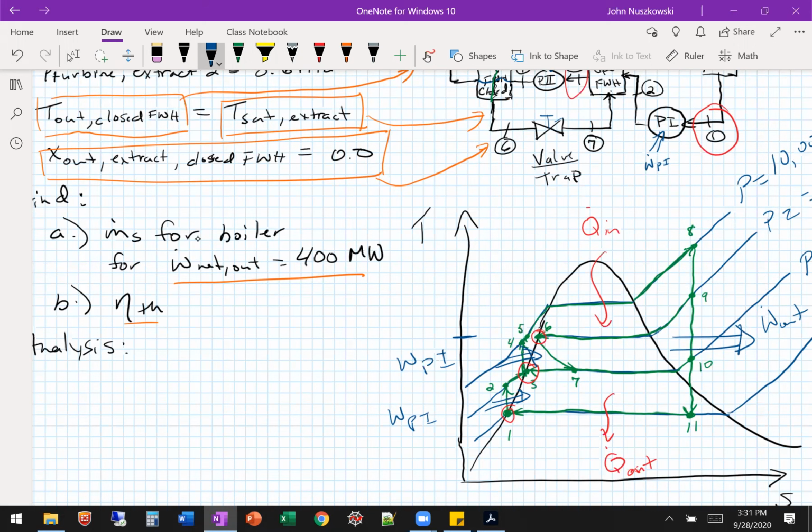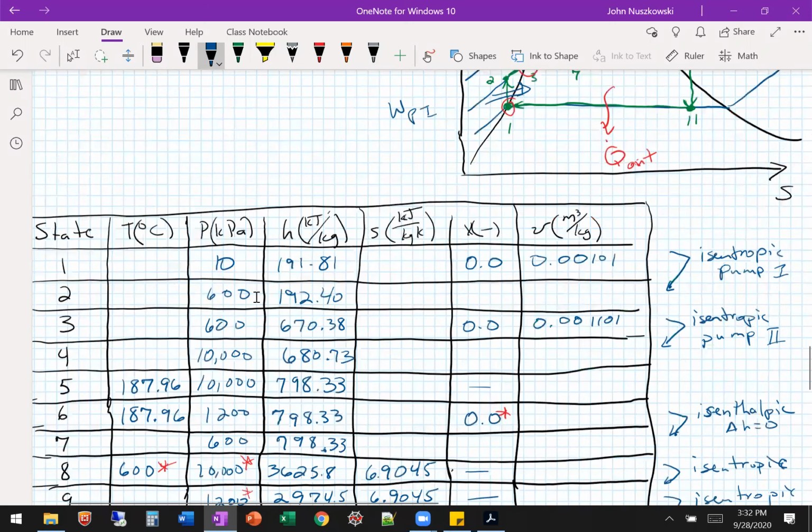At least where to start? We did something very similar, at least in the start of this problem in the last problem. We need to solve for the work of the pumps and the turbine. So yeah, the work net, right? So let's write that down first before we start solving.